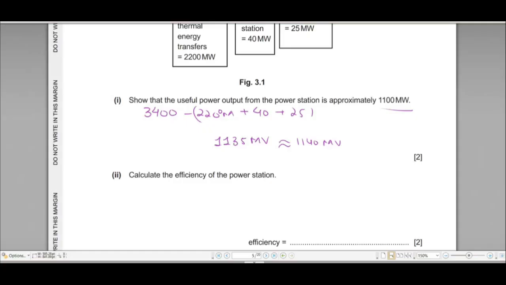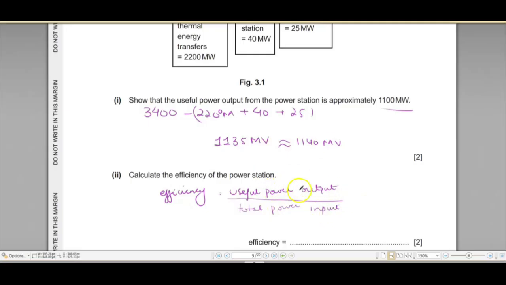Part 2, calculate the efficiency of the power station. So efficiency can be calculated by the formula useful power output by total power input.